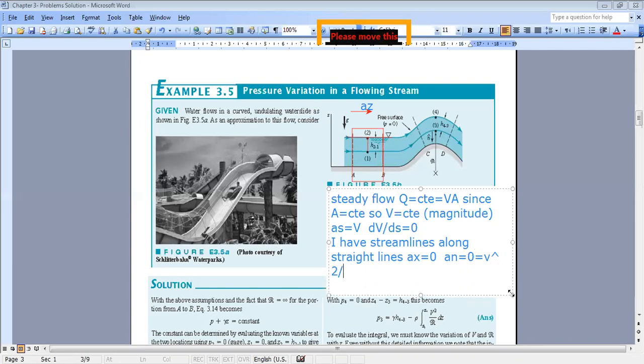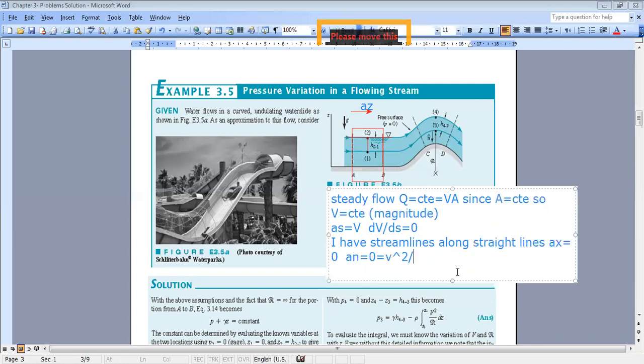If you have taken the dynamics course, you will remember this. But here, since I have straight lines, the radius of curvature is infinity, always, for a straight line. So I have V square over infinity, which will give me 0.